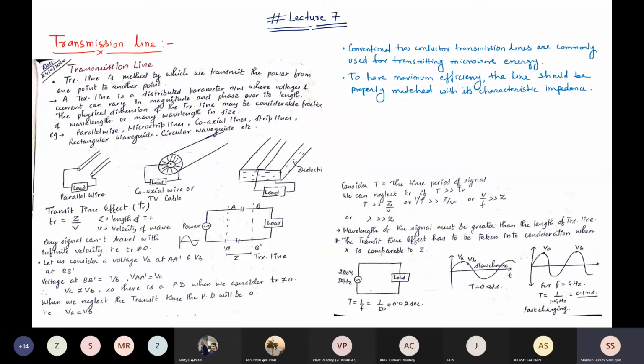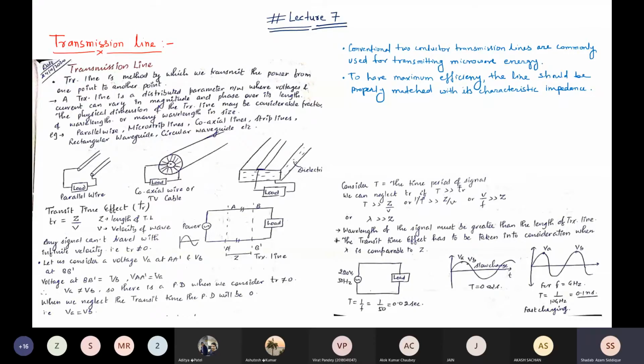So we have the current as well as the voltage, which have magnitude as well as phase over the length. If you go through the current and voltage equations, and you want to solve for the wave inside this transmission line and do the analysis, you can have two ways.